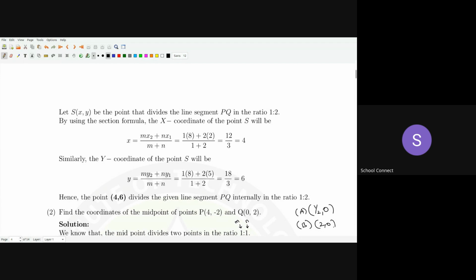Nobody here is going to judge you, that I can promise. Sir, it is 2 comma 0, not half comma 0. Okay, so now option A also merges to option B. There is no option A. So two of you have answered and both of you answered 2 comma 0.